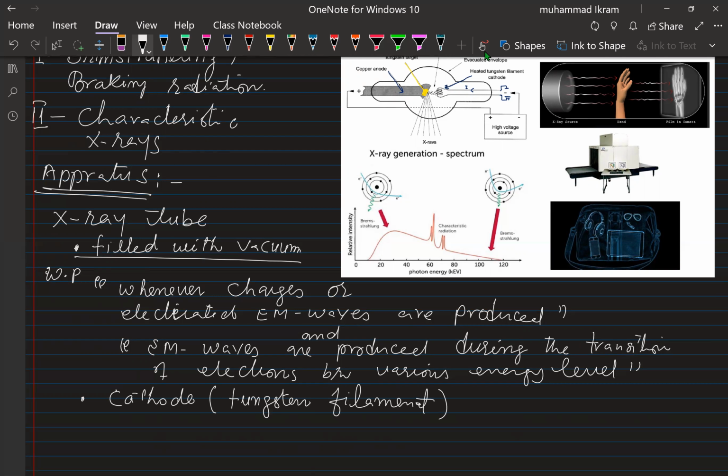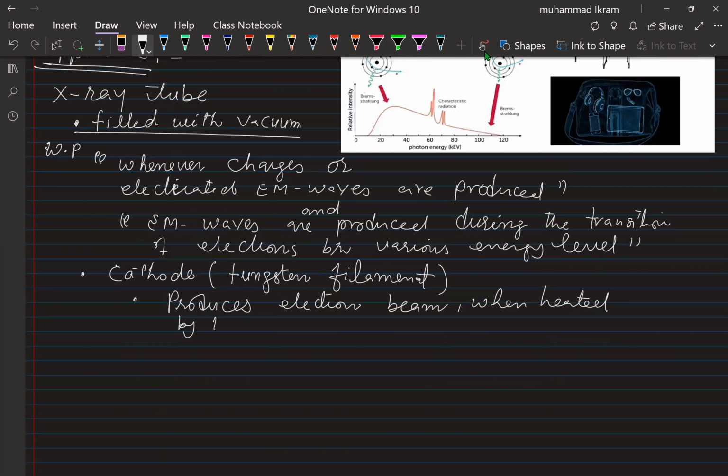When heated, this produces an electron beam by the process of thermionic emission, which I already discussed with you in the previous chapter, and you have also learned about thermionic emission in class 10th, that whenever a metal surface is heated, electrons escape from the metal surface.